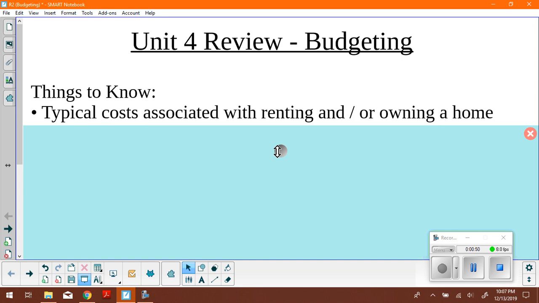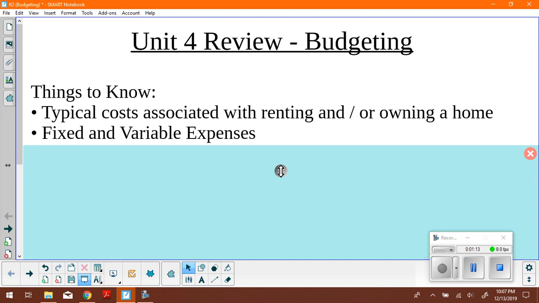Whereas for owning a home, you might have to pay house insurance, you have the mortgage. If you live in a condominium, there could be condo fees. There's more property maintenance type things. So you'd be able to identify what's the cost of renting, what's the cost of owning a home.